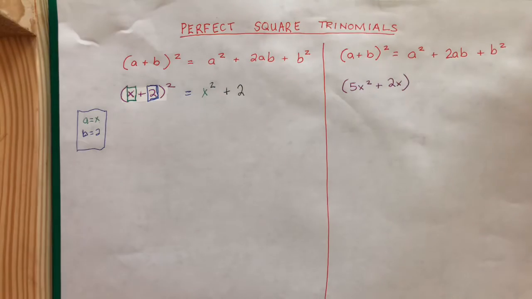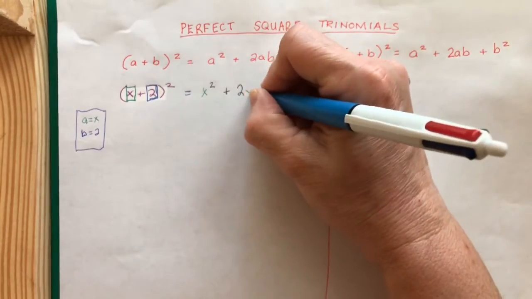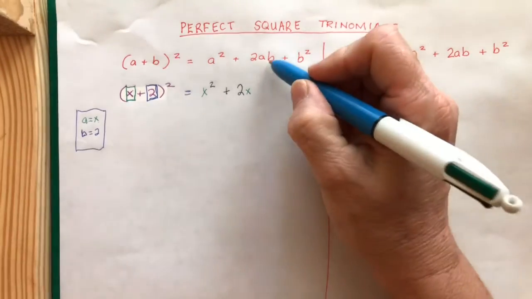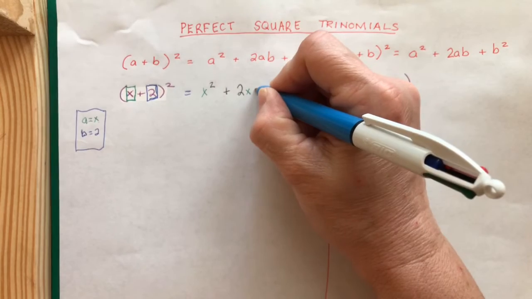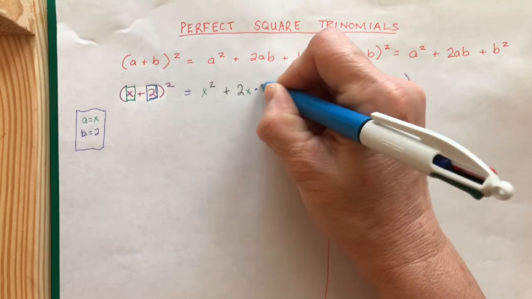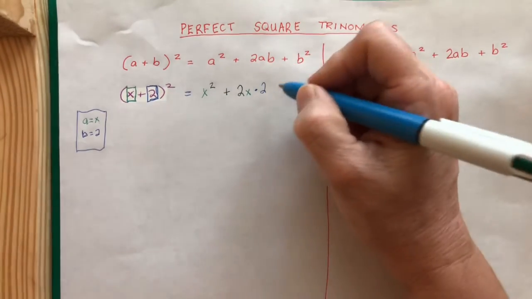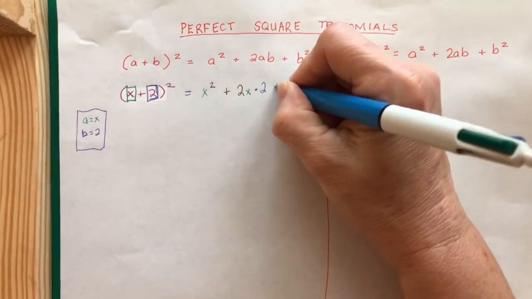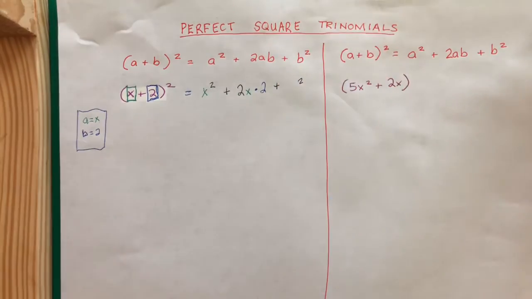Now, what was a? A is x. And then what is b? B is 2. All right. And then I'm going to add the b squared. I put my squared up there already.